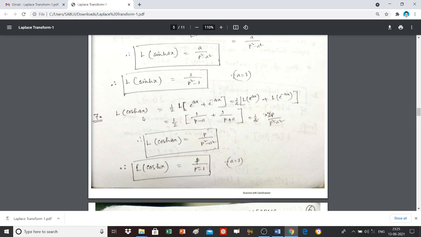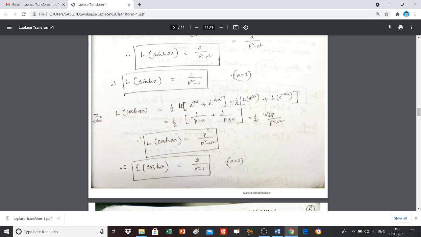And here is another one, that is Laplace transform of cos hyperbolic ax. You can also write cos hyperbolic ax as (e to the ax plus e to the minus ax) by 2.